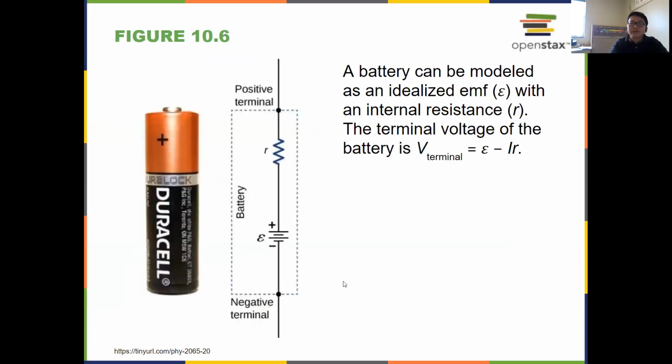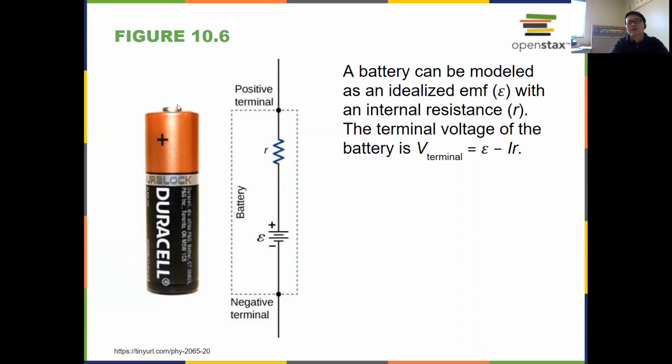A battery actually has a small internal resistance. So if you are given a battery having an EMF of, say, 1.5 volts, it will supply a little bit less than 1.5 volts to the circuit because there's a potential drop across the internal resistance.